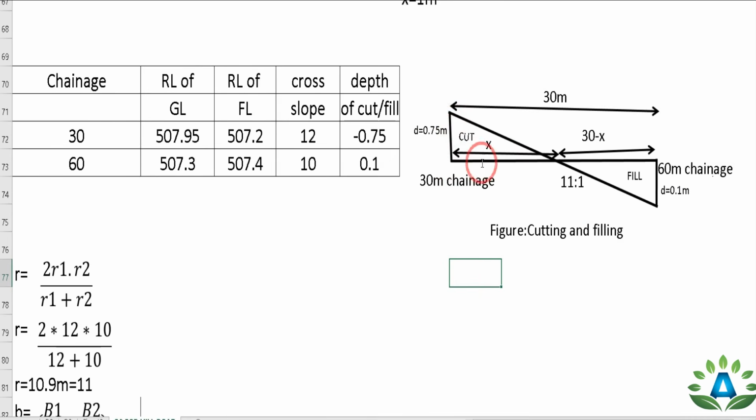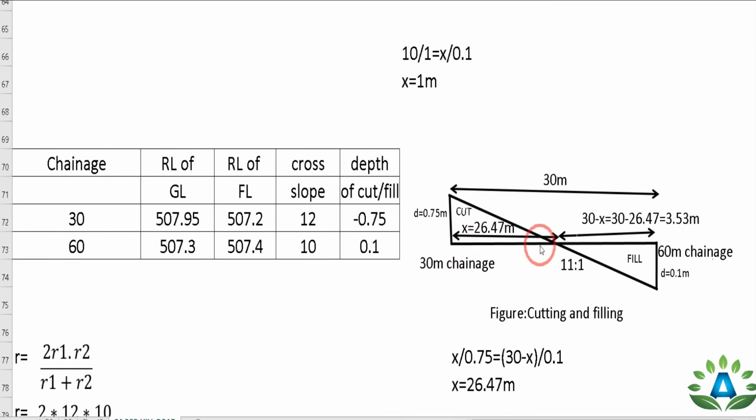In this triangle we have the horizontal length of x, so x divided by the vertical length 0.75, and similarly in this triangle we have the horizontal length of 30 minus x, so 30 minus x divided by the vertical height of 0.1 meter. When we solve this equation we get the value of x as 26.47.